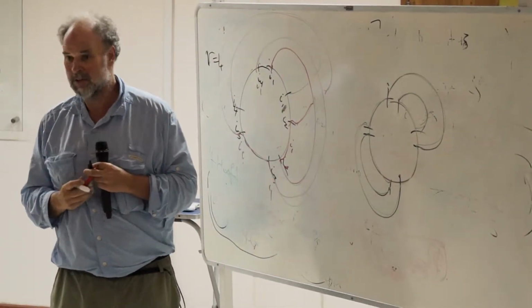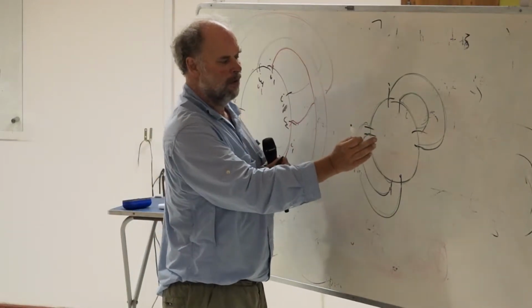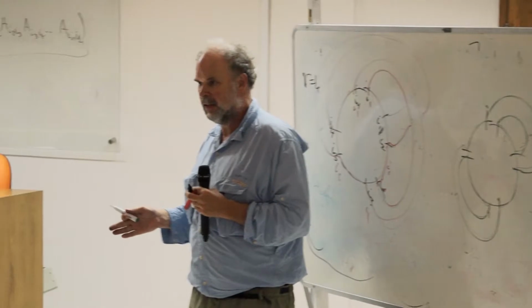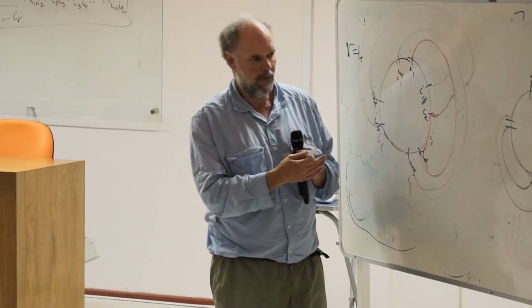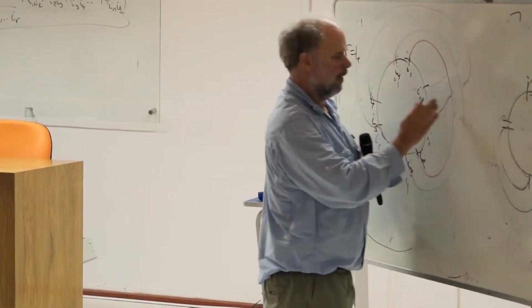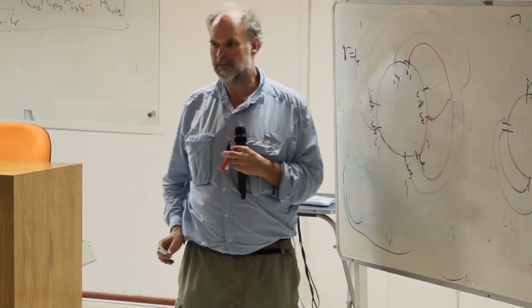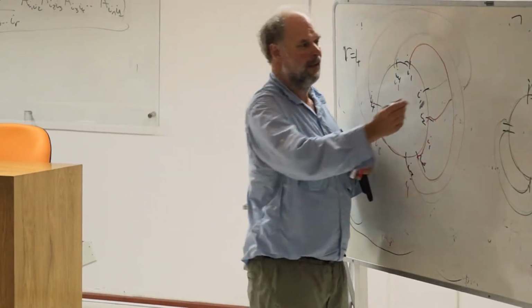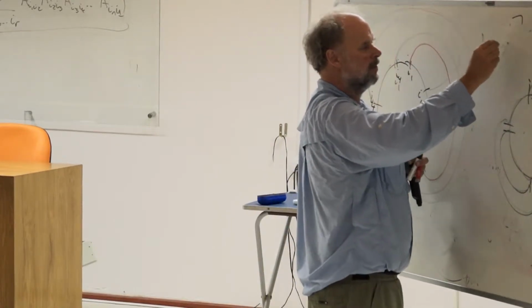Okay, so the conclusion is you get a much bigger contribution to the trace of A to the R, in this case the trace of A to the fourth, from this pairing than you do from this pairing. So now we're interested in the limit as the size of the matrix tends to infinity.